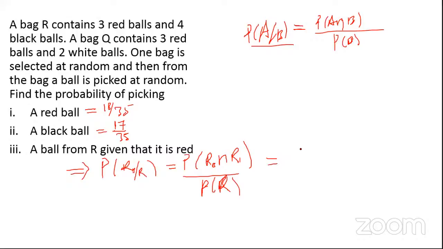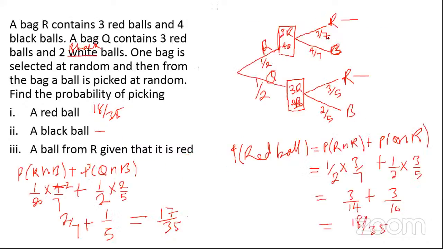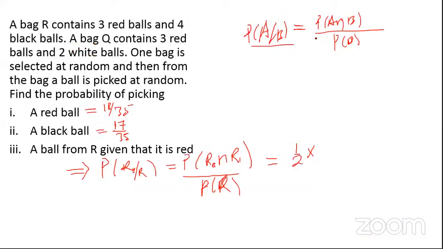So this is the probability of picking bag R, which was a half, multiplied by probability of picking red, which was 3/7. And then we divide everything by probability of red, which is 18 divided by 35.